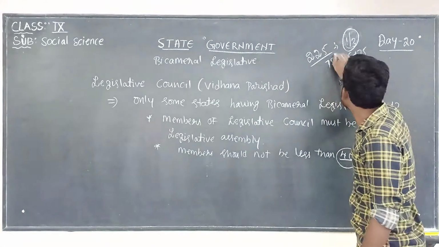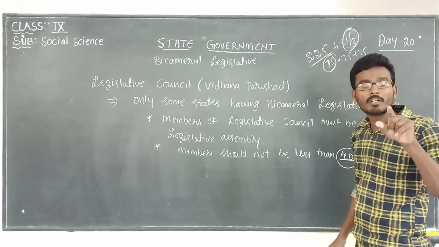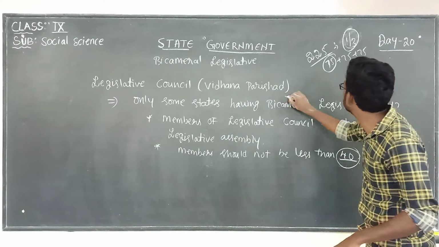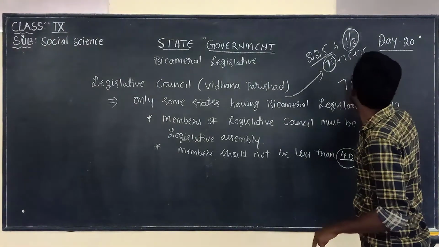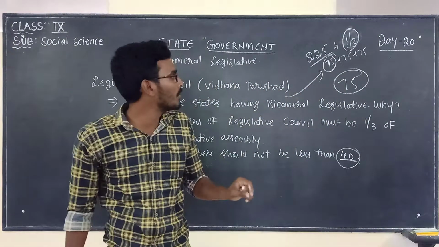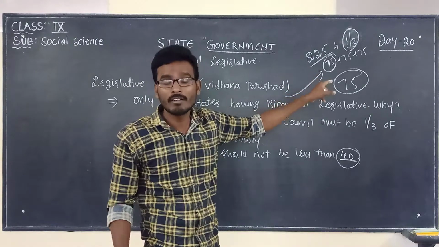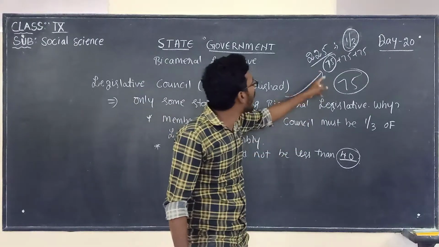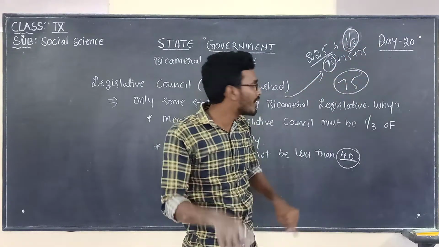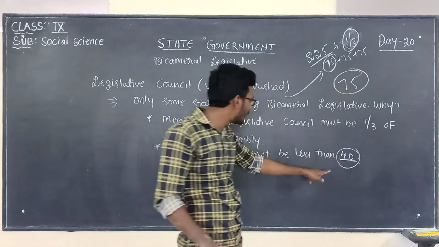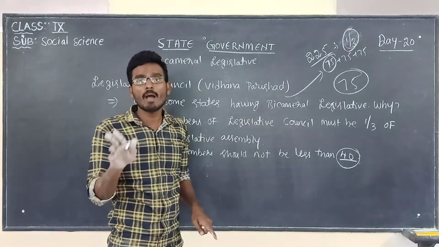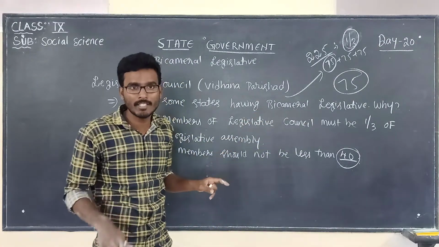One part is 75. So the total members in the Legislative Council is 75, which is 1/3 of the members of the Legislative Assembly. And moreover, 75 is more than 40, right? That is the reason why Karnataka has a bicameral type of legislature.